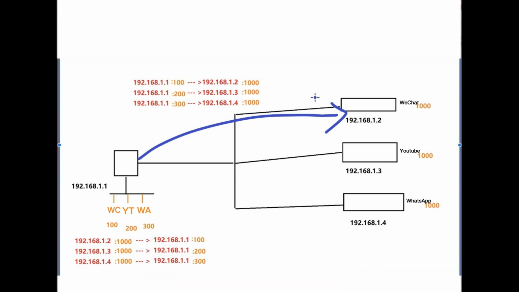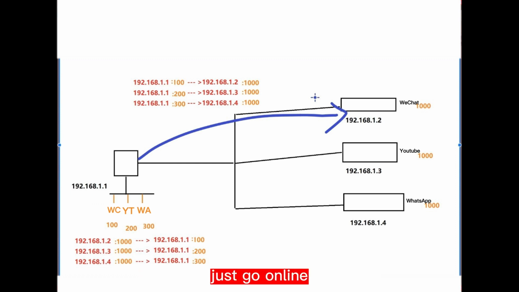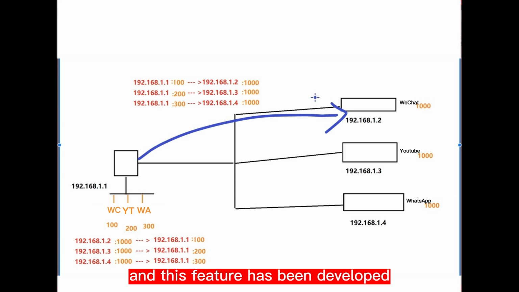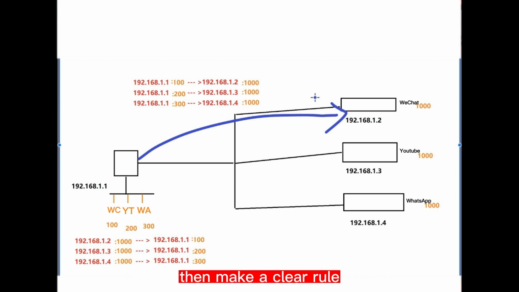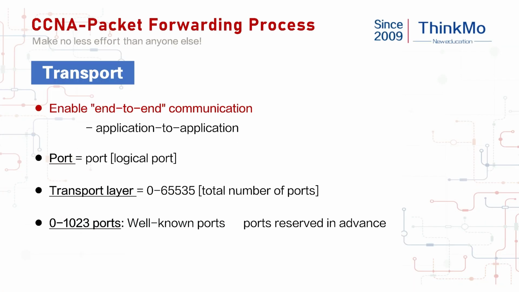Everyone should know that for a service used all over the world, if it is used more and appears more frequently, that means everyone in the world goes online or debugs devices using this function often. Once this feature has been developed, a clear rule is made to reserve these port numbers. This port will be dedicated to it in the future. That is, I can name it, and this port number is specific to that service.